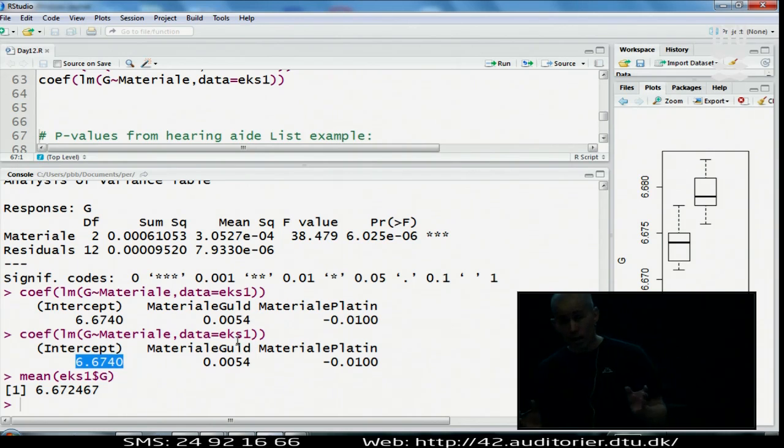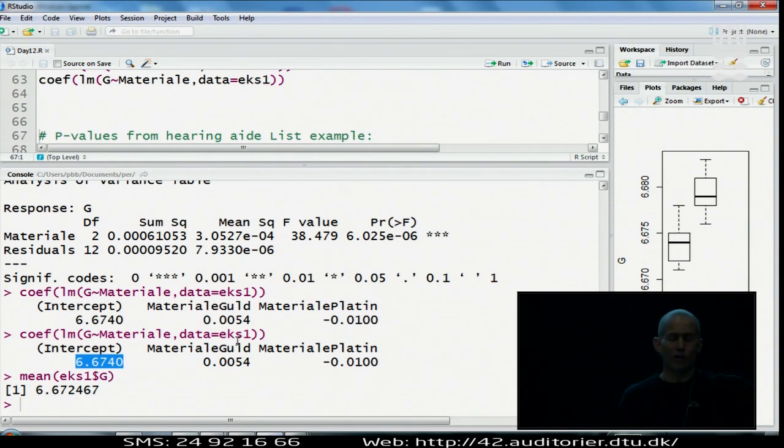Actually, R is ordering the groups according to alphanumeric names of the groups. We have, in Danish actually here, glass, guld, and platin, which is glass, gold, and platinum. Glass comes first, gold comes next, and platinum comes third in terms of alphanumeric order.